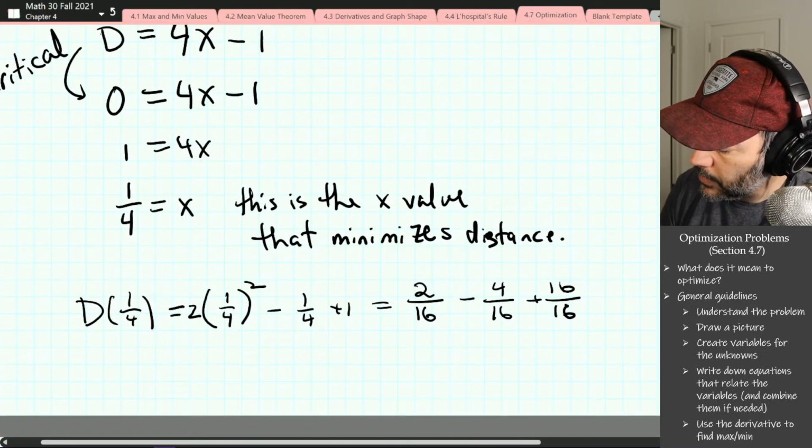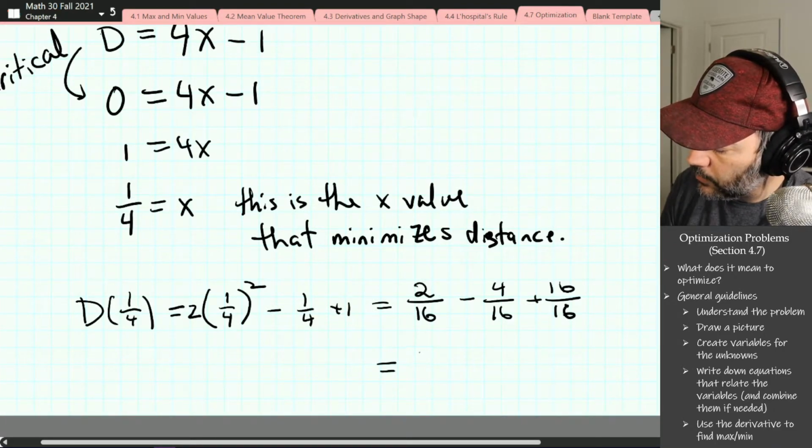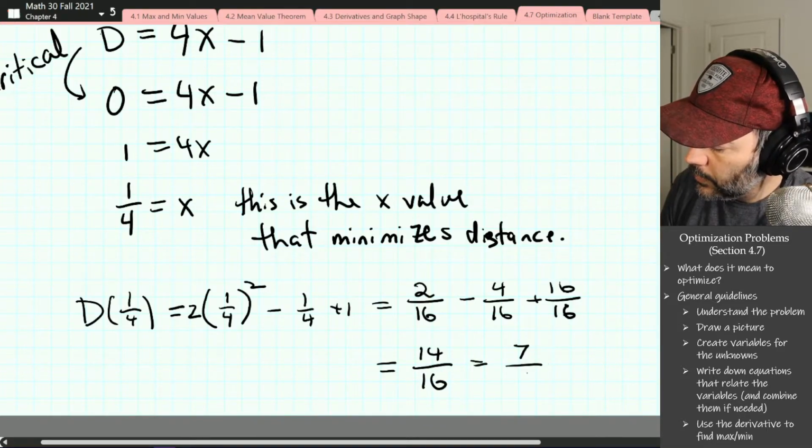I'm just getting a common denominator. 16 minus 4 is 12 plus 2 is 14. 14/16. 7/8.